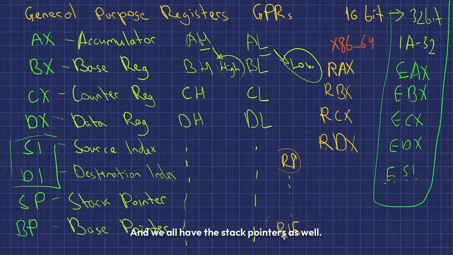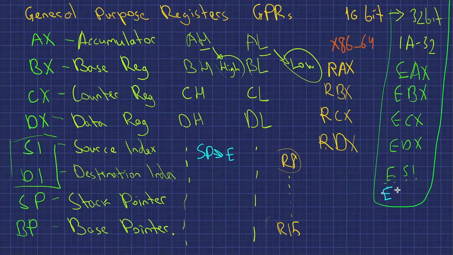And we also have the stack pointers as well. SP and BP also transition and get other names. SP turns to ESP here, and EBP for the base pointer.